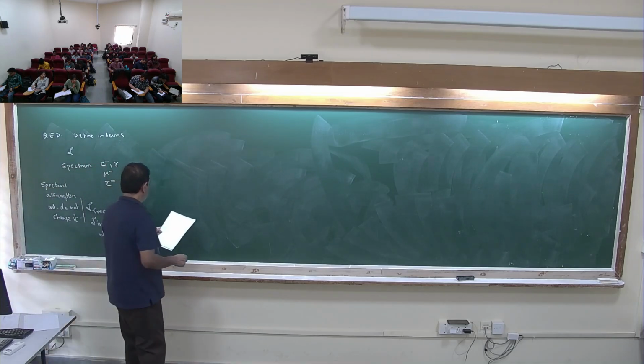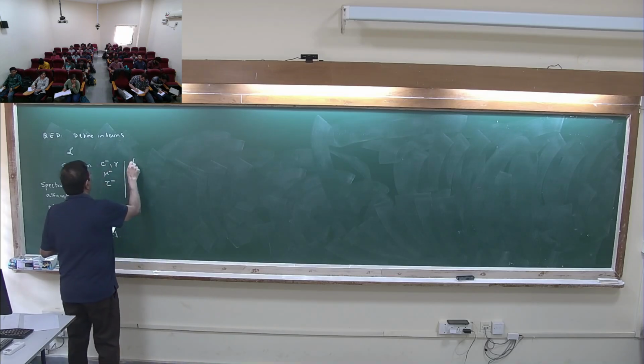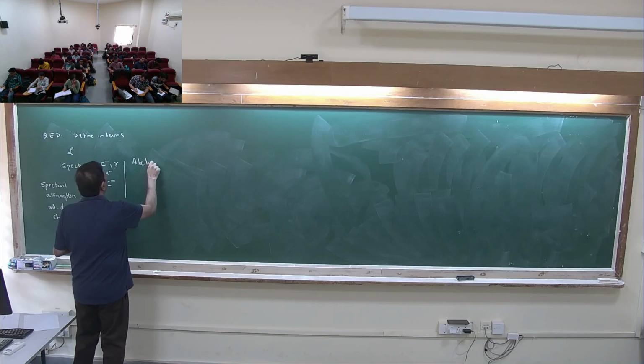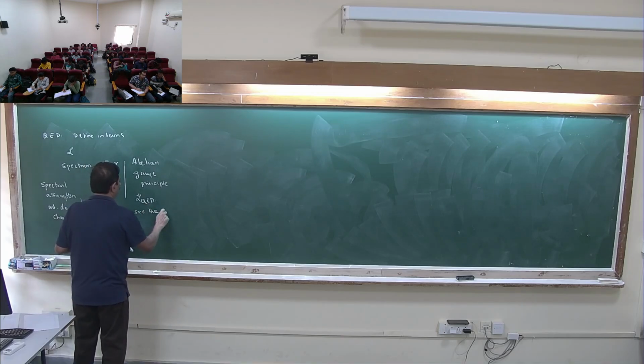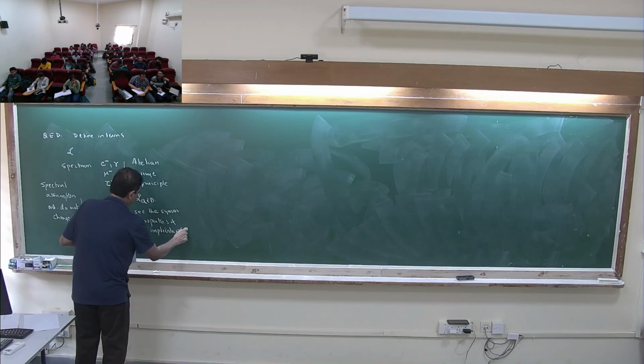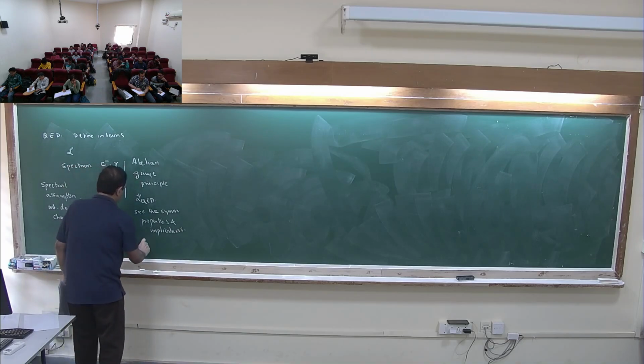So this is based on an abelian gauge principle, which will allow us to write L_QED, and we can see the symmetry properties and implications. And then you can apply it to some processes.